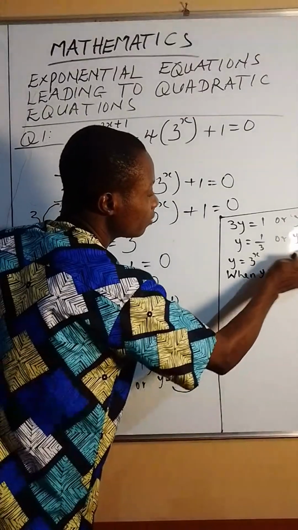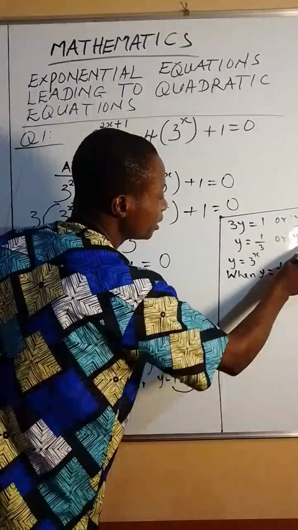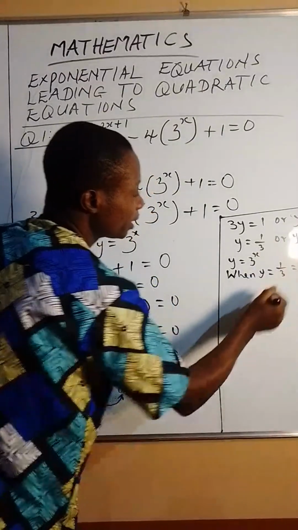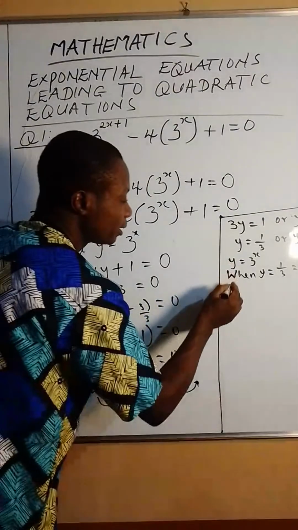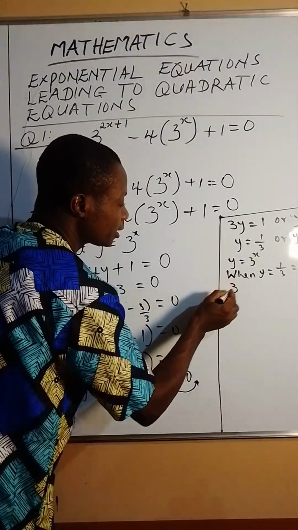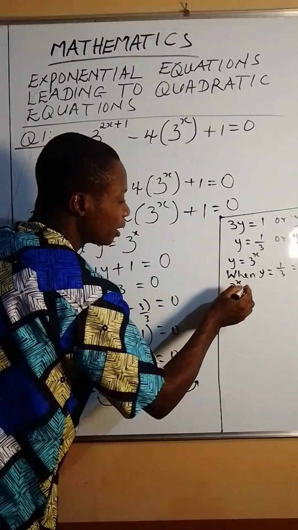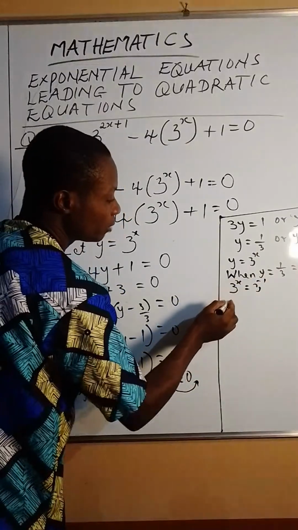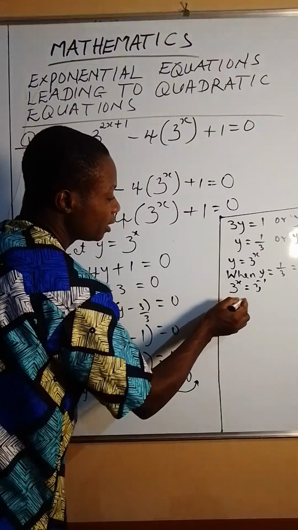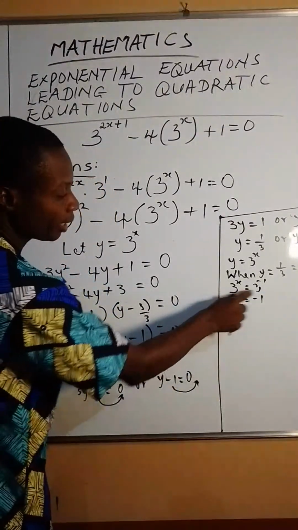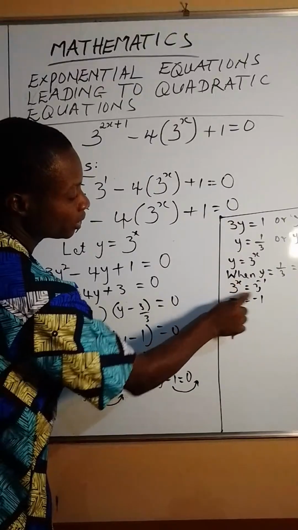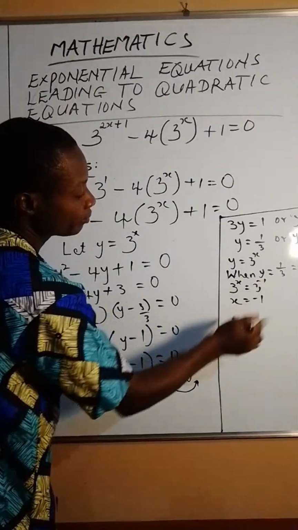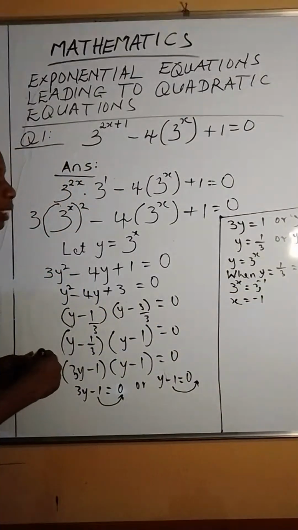That is what 1 over 3 is. So it means that 3 raised to x is equal to 3 raised to minus 1. So what does it mean? It means that x is equal to minus 1. Since the two bases are equal, we equate the powers or the exponents.